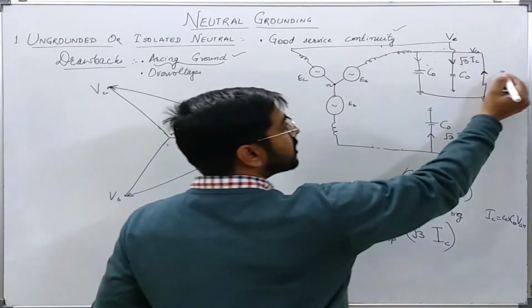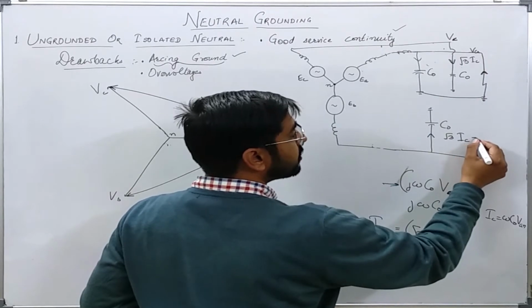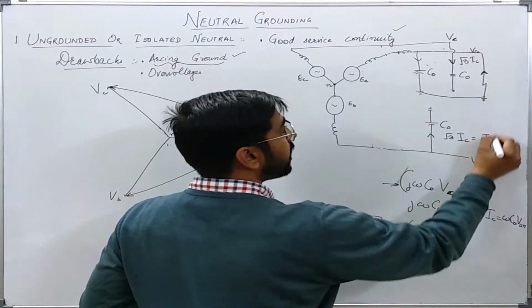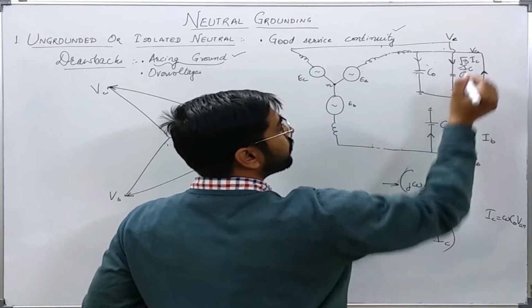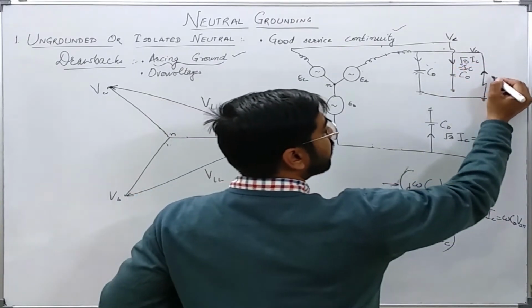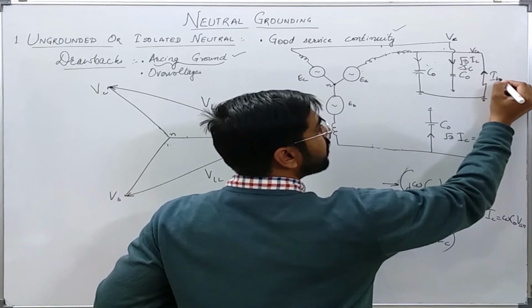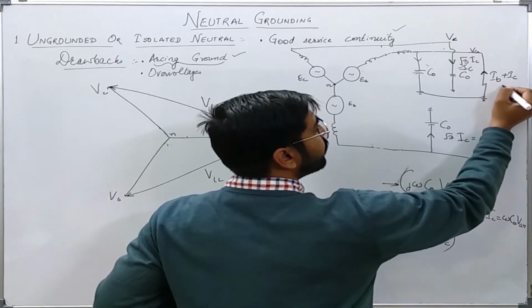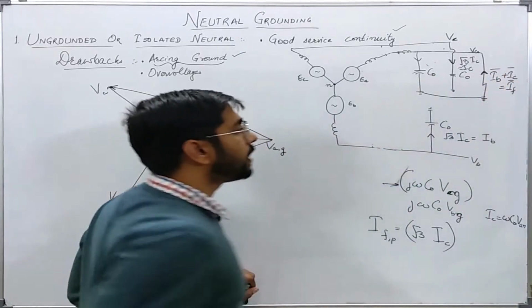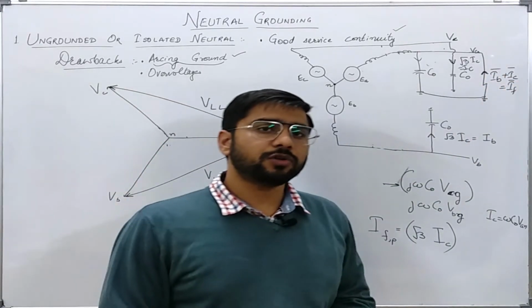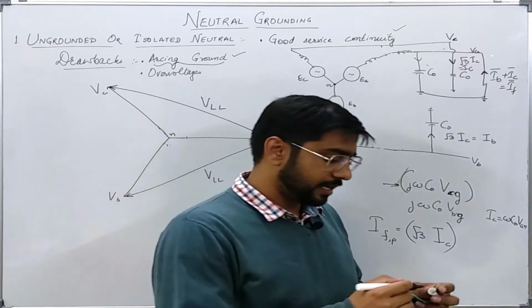Let us say this is current IB and this is current IC. So this fault current will be equal to the phasor sum of IB and IC. Now let us try to determine the value of the phasor sum of these two currents.